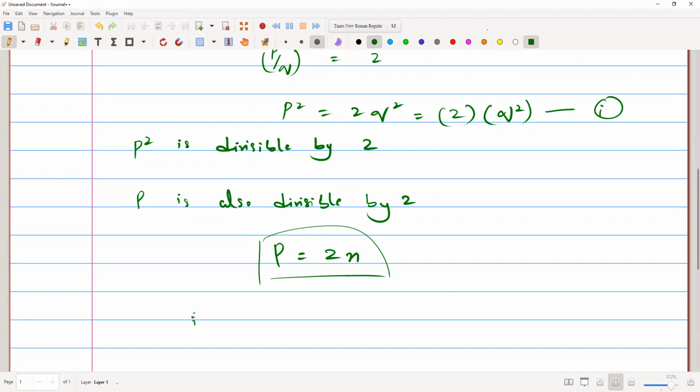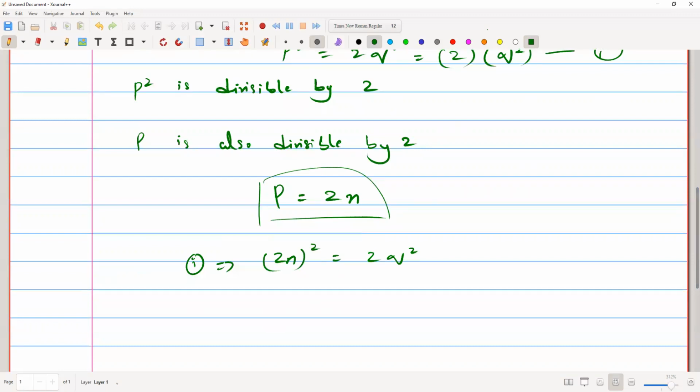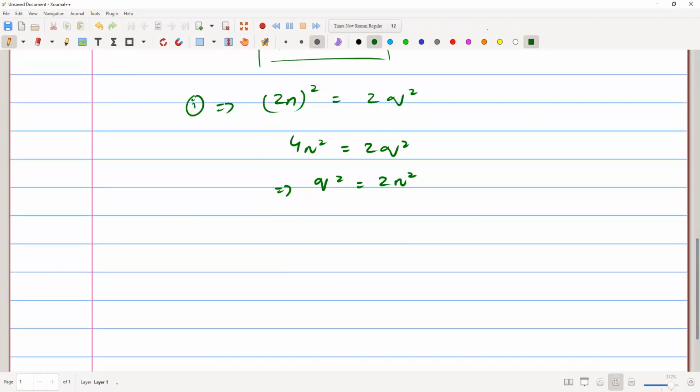So equation 1 implies that (2n) squared equals 2q squared, and then we have 4n squared equals 2q squared, which implies that q squared equals 2n squared. Again, this equation suggests that q square is also divisible by 2 because it's a multiple of 2.